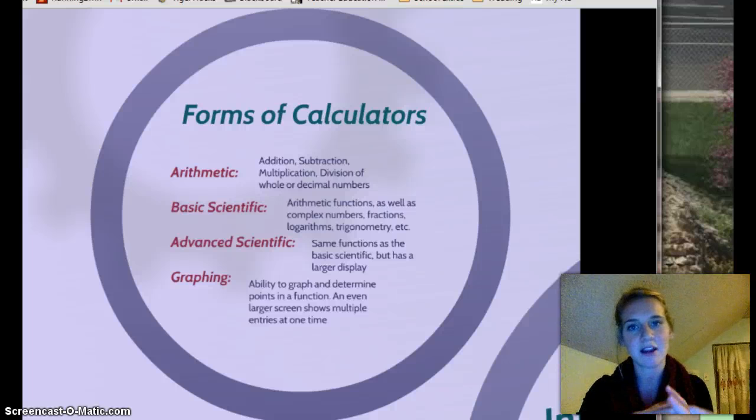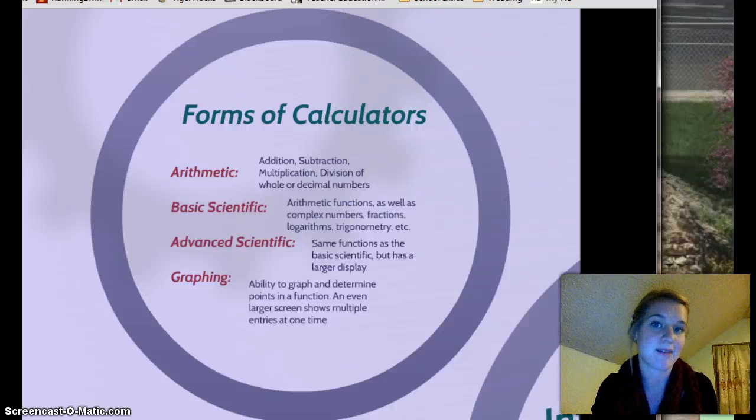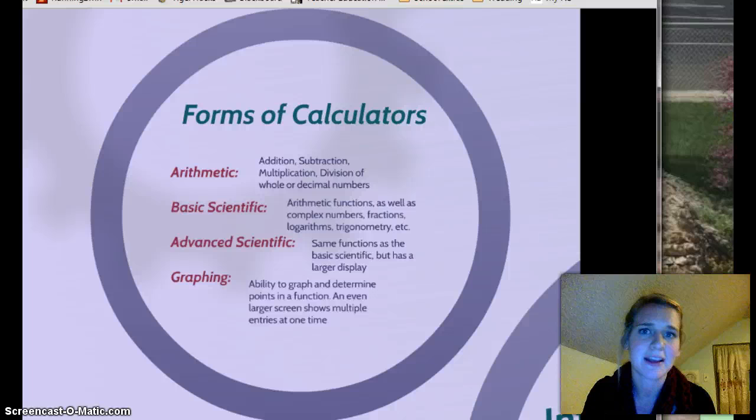The highest form of calculator is the graphing calculator, and it does exactly what it says. It graphs. These have gotten to be crazy good in the technology world, as in its color. They're basically a computer.